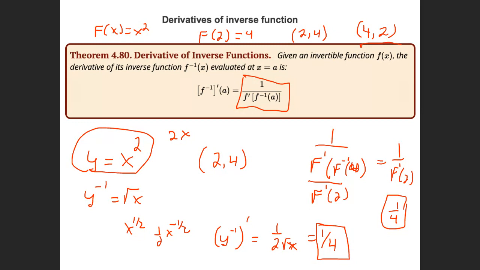And I need that because if I don't know that, if I plug 4 into the inverse function and get 2 out, I can't use this formula. But we know that because I took a function where we knew all the pieces of it. I knew that the inverse function is the square root of x. So if I plug 4 in here, I do get 2 out.